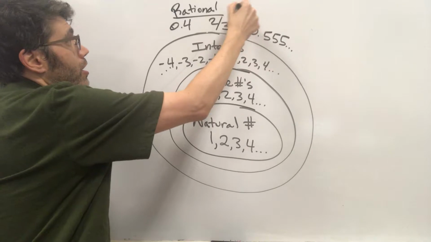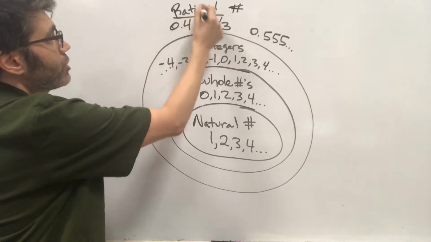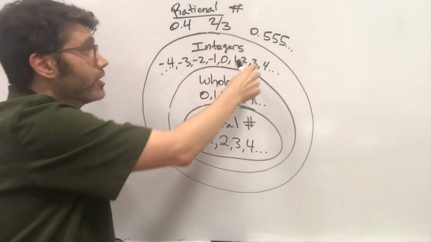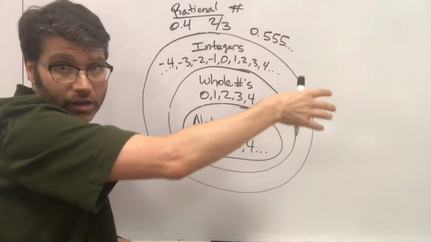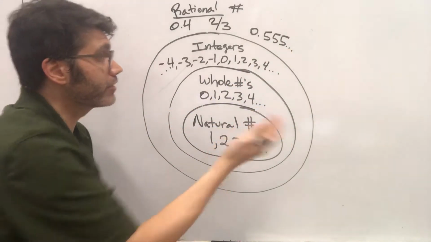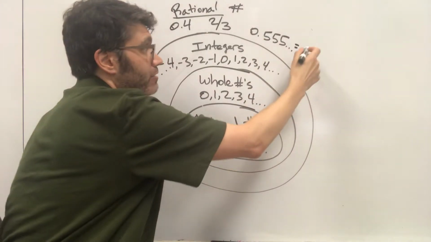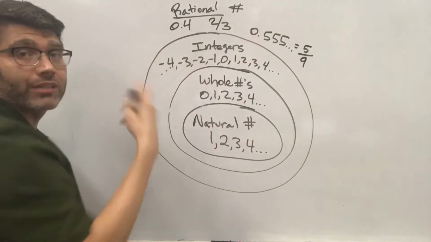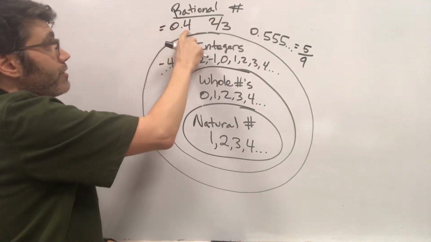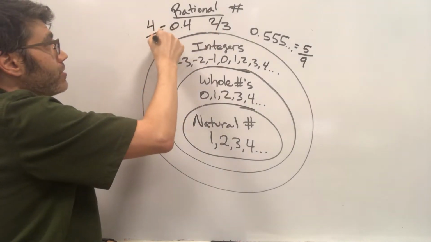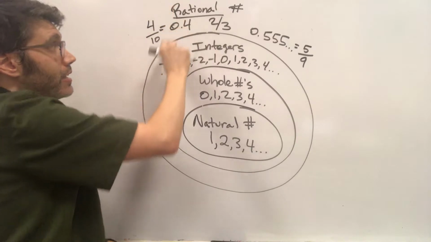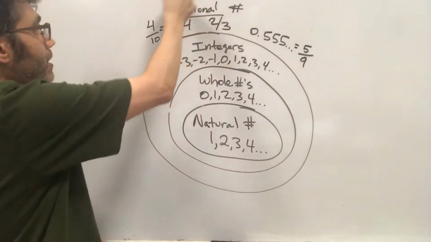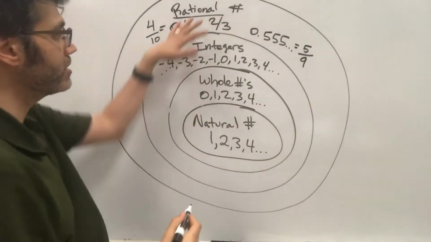Rational numbers. The word ratio is inside rational, because 4/10 can be written as a ratio. 2/3 is already written as a ratio, and 0.555 on forever can be written as a ratio. If you're curious, 0.555 repeating forever is 5/9. And if you're curious as to what 0.4 is, if you can say it, you can write it as a fraction. So 0.4 could be written as 4/10. So do you see that a ratio is embedded in all of these forms, as well as all the numbers that have come before it?